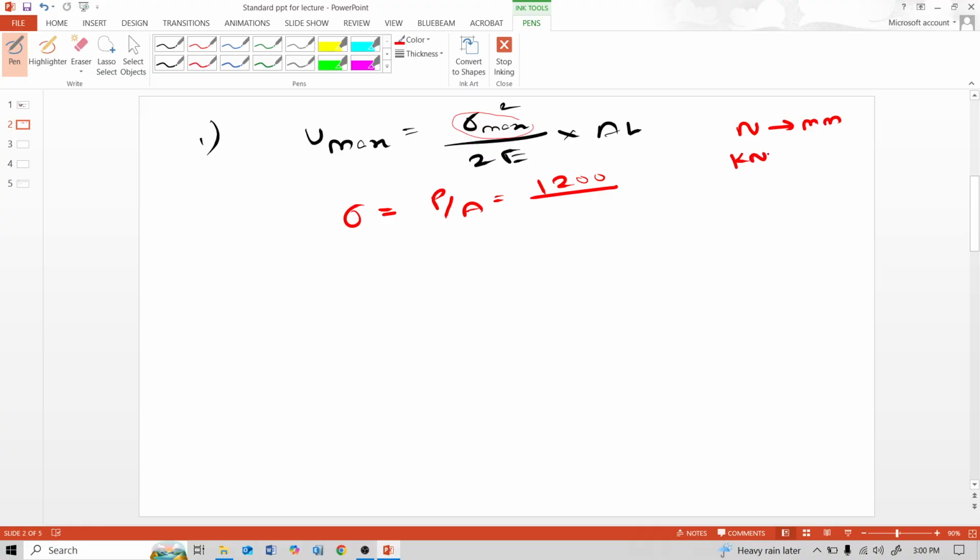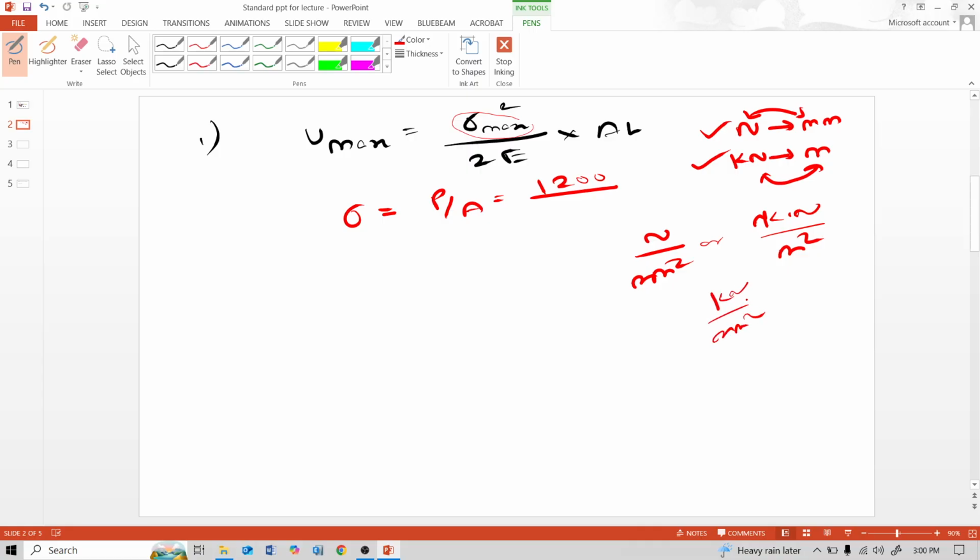When we use kilonewton, simultaneously use meter values. Only one terminology we consider. So when I use Newton, then I use area in mm, and when I use kilonewton, then I use area in meter, because stress unit is Newton per mm square or kilonewton per meter square. We don't use a unit like kilonewton per mm square. So that's why I said this.